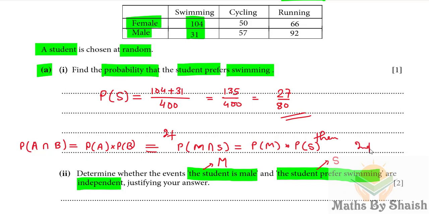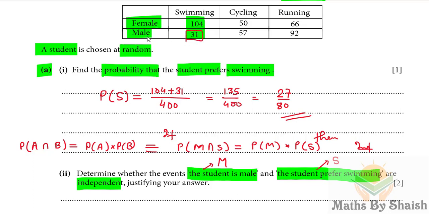So first of all we need to calculate. I'll calculate here only because otherwise I need to copy this table. M intersection S means the student is male and he prefers swimming. It means we are only talking about this condition.